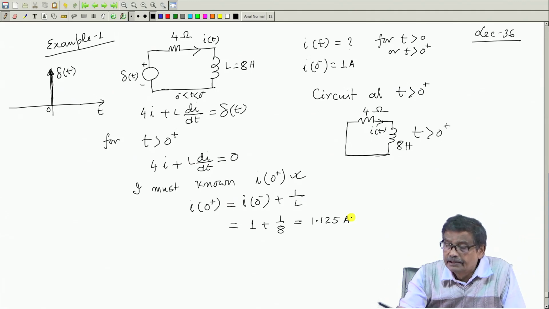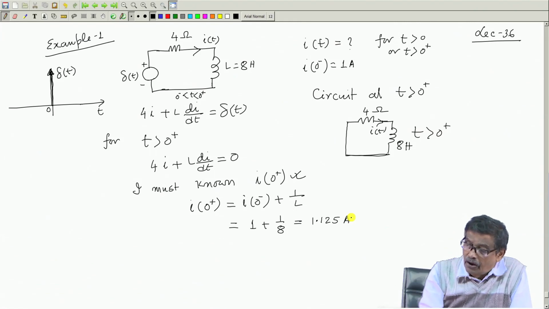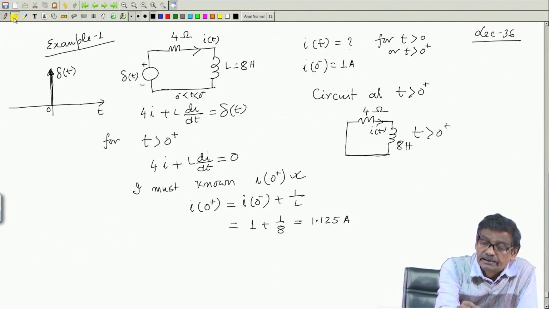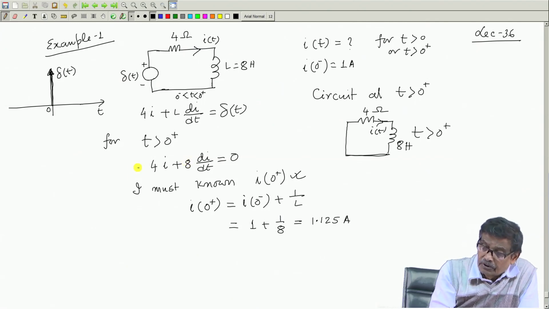Therefore, here is an RL circuit which has got an initial current 1.125 ampere. So, how will it decay? Let me write it as 8 Henry, and then we know how to solve this.